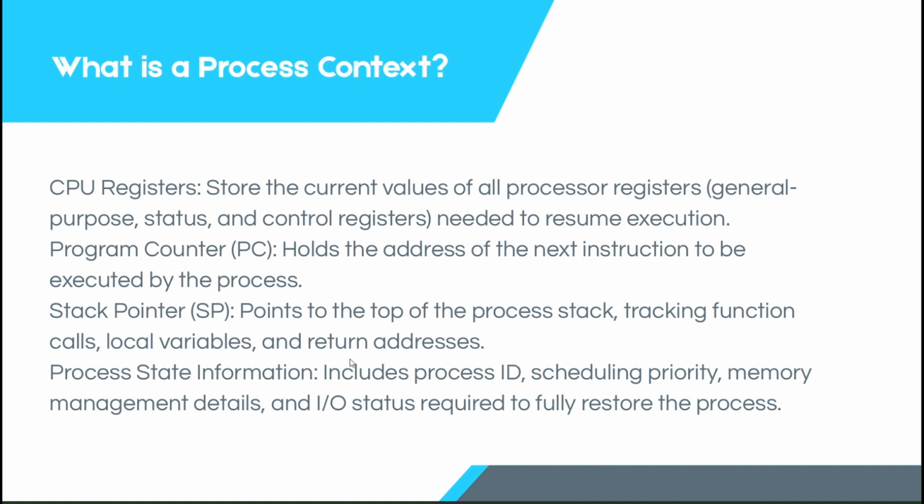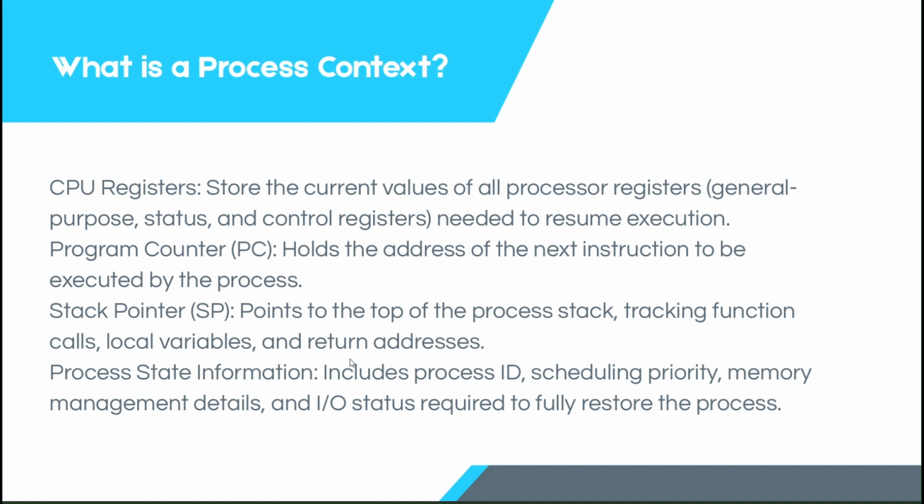The fourth component is the process state. Every process can be in different states such as running, ready, or waiting. The operating system stores the current state, so it knows what should happen when the process is selected again. In addition to these, the context may also include scheduling information, memory management information, and input output status.